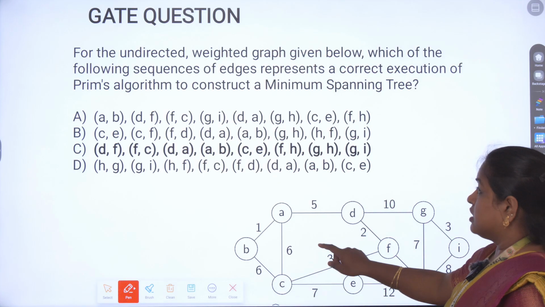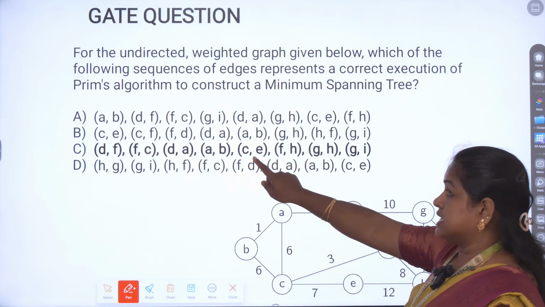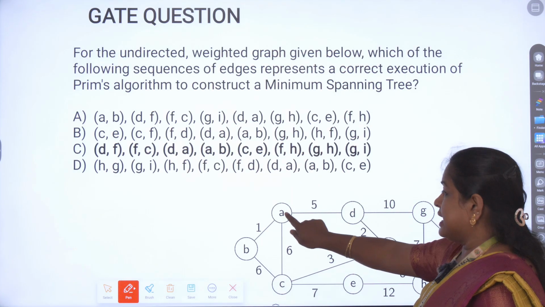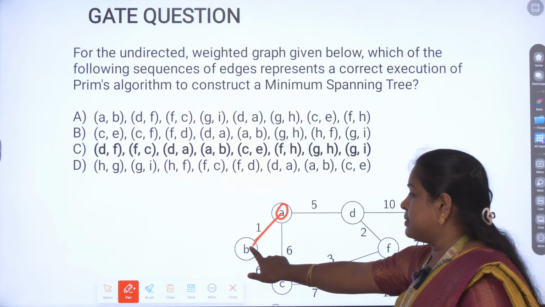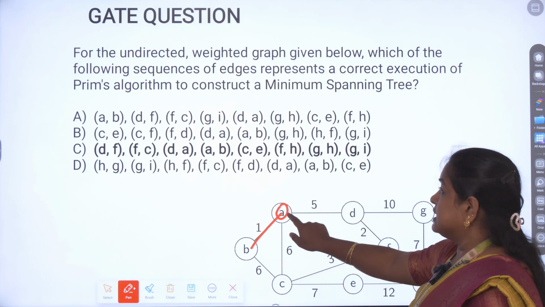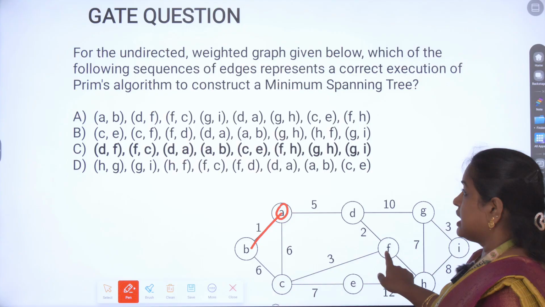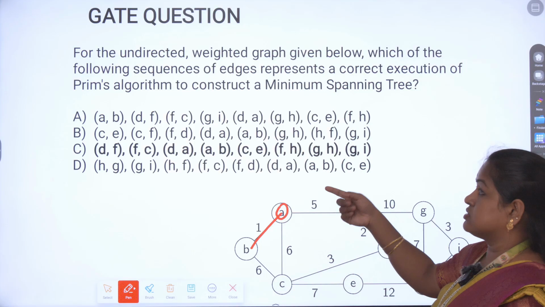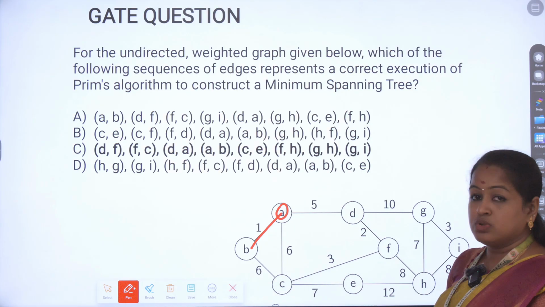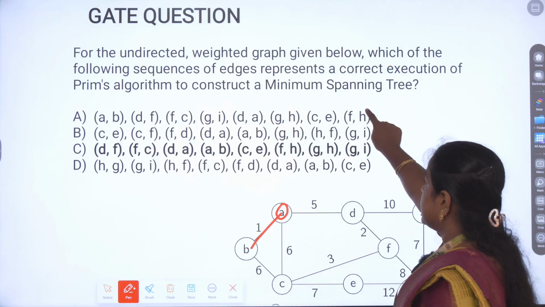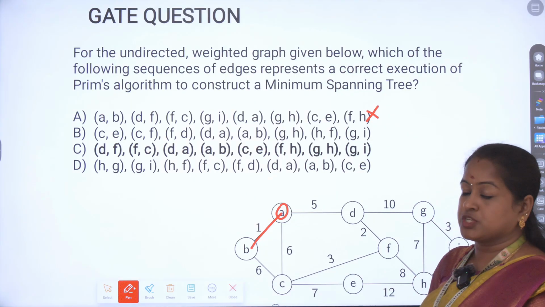Here first option, if I take A comma B, from A if I am starting A comma B, it is 1. Then D comma F. D comma F we cannot travel because it is not in order and we haven't traveled to D yet. So option A is not the right option.